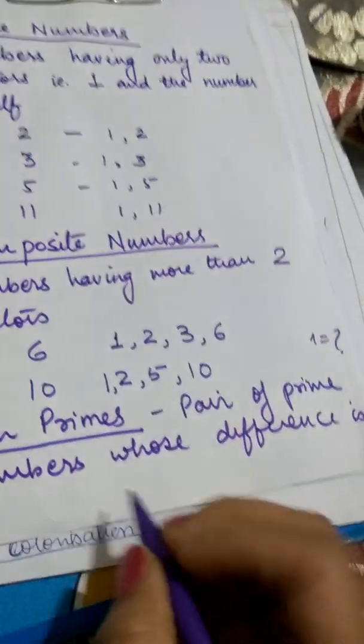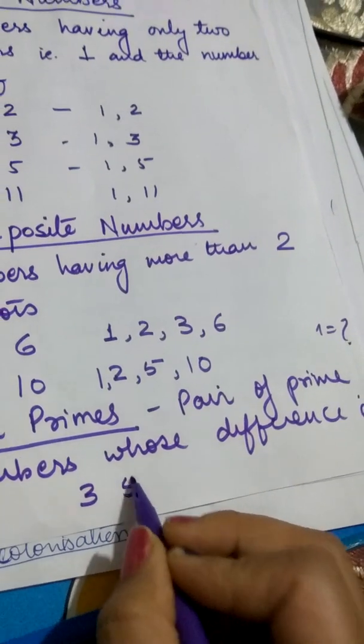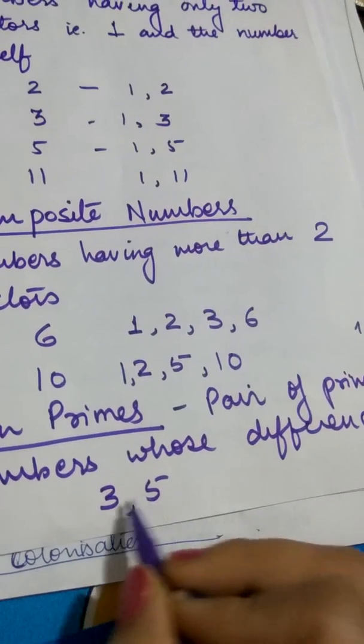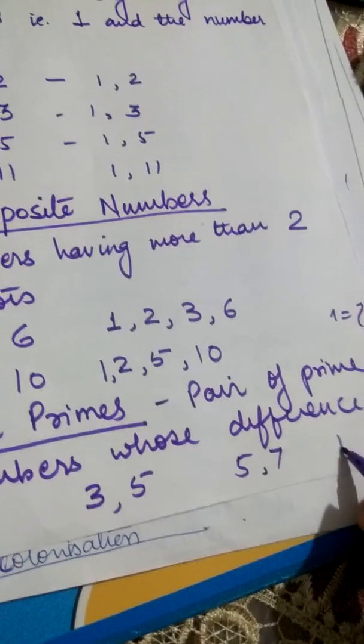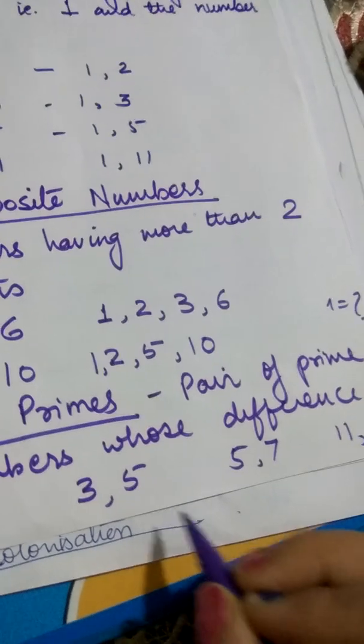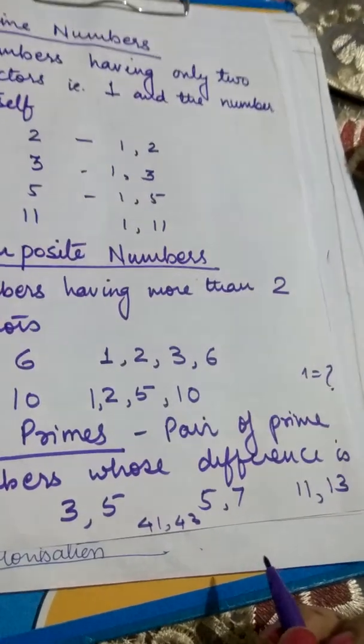So like we have 3, a prime number, and 5, a prime number. They are twin primes because 5 minus 3 is 2. Then 5, 7, 11, 13, 41, 43. So these numbers are called twin primes.